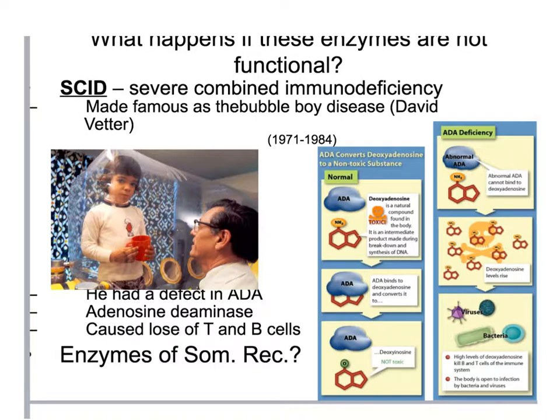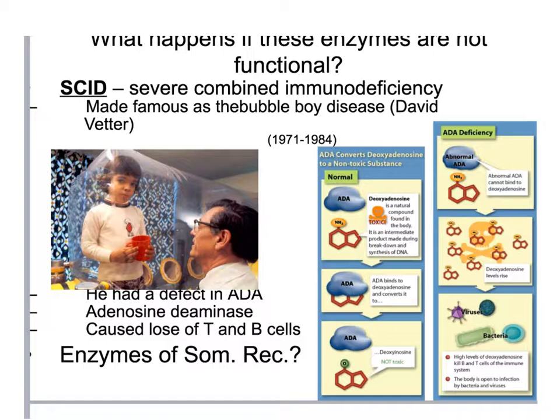Now you might wonder why adenosine deaminase matters. Here's adenosine, we're talking about nucleotides that have an A on them. This one's toxic. If you have the adenosine deaminase, it takes off this amine group and generates deoxyinosine, which some of you may have seen before as inosine, and this is not toxic.